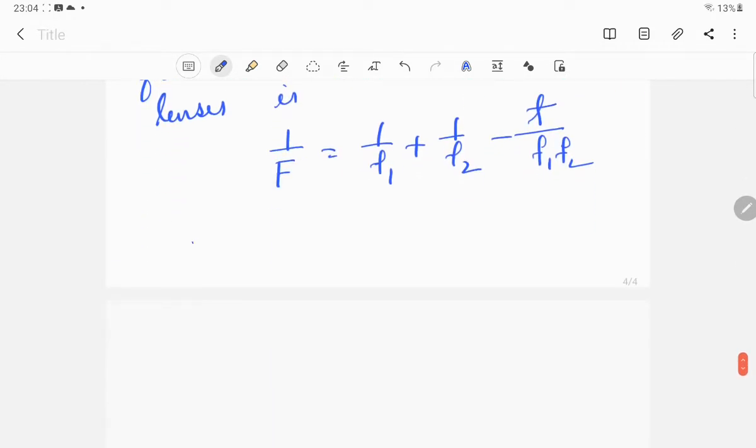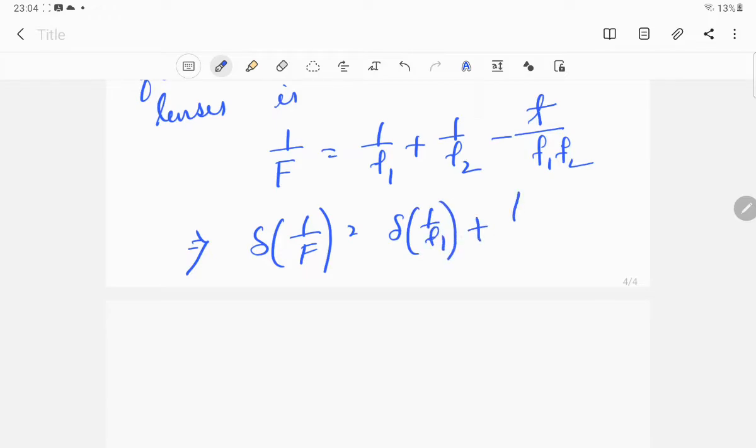Again, differentiating both sides, we have del(1/F) = del(1/f1) + del(1/f2) - ..., and t is a constant, so t will stay outside.